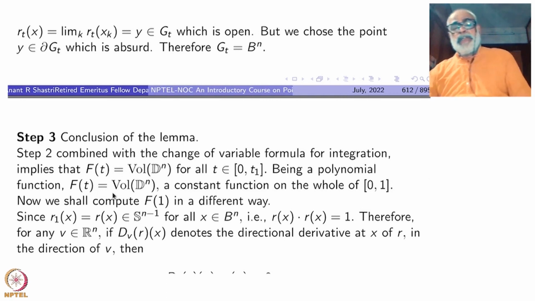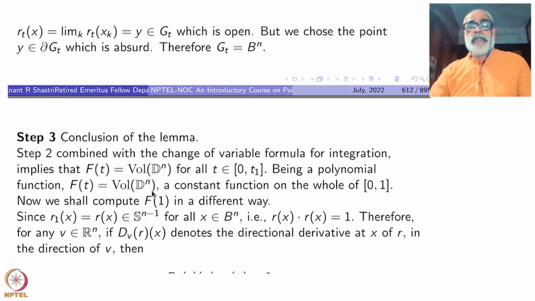Therefore, this ft must be equal to the volume of this Dn on the whole of 0, 1. A polynomial which is a constant on some non-empty open interval will be constant everywhere. Okay, so we have computed in particular f0.